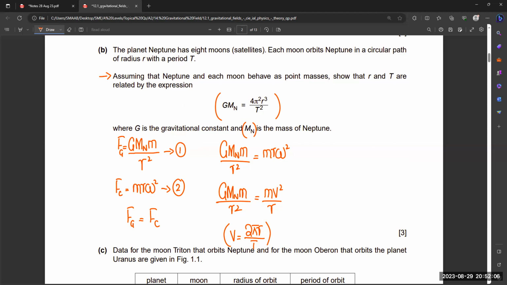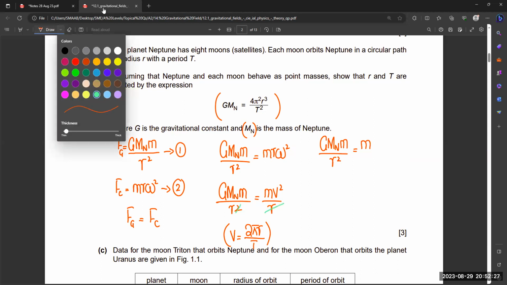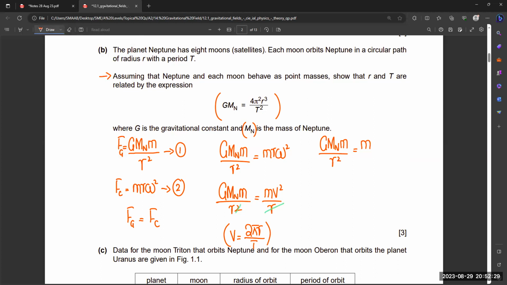So v is equal to 2 pi r over capital T, right? And if we substitute the value, this r will cancel out this r, and now we can simply substitute the value of v.